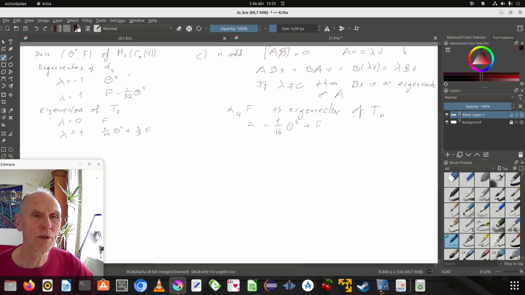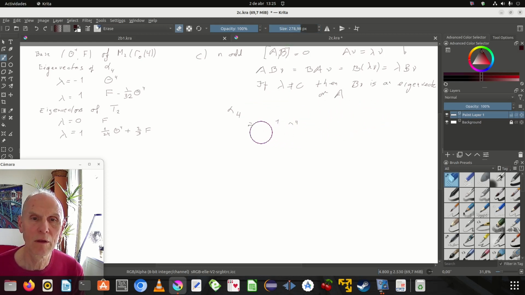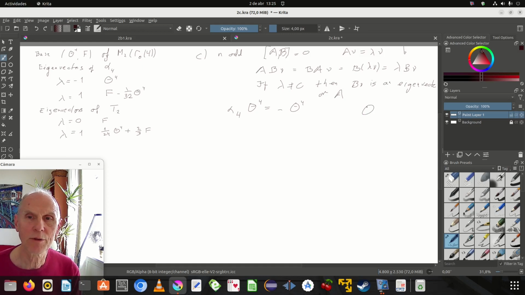So we must do it on these eigenfunctions. Alpha 4, so that means theta to the fourth is an eigenvector of Tn, and alpha 4 of f minus, this feels wrong.